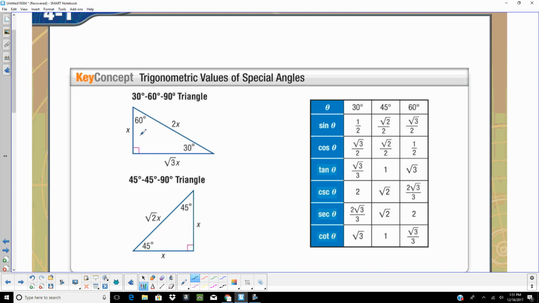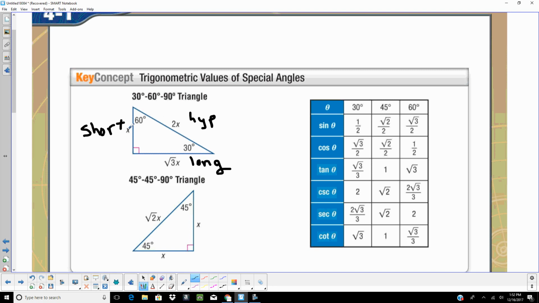The side opposite the 30, I always refer to as the short side. The side opposite the 60, I always refer to as my long side. And across from the 90 degree, that is always going to be your hypotenuse no matter what.